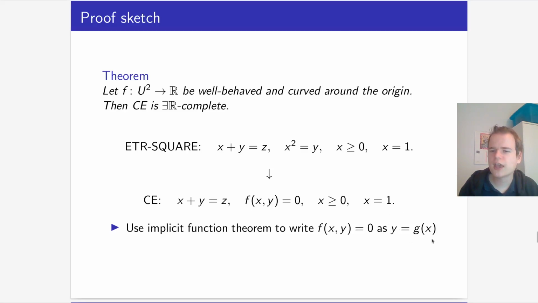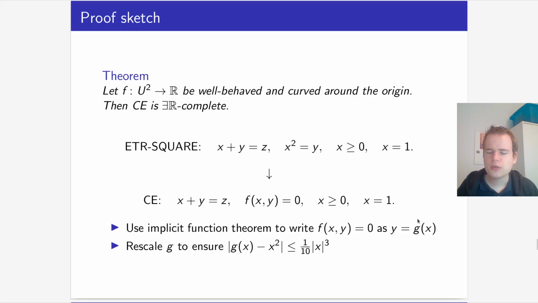So we take some function g such that this condition is equivalent to the previous condition around the origin. It should be noted that even if this f has a very nice form, for example a polynomial, it might be the case that g does not allow a closed form. But this is not important for the argument.